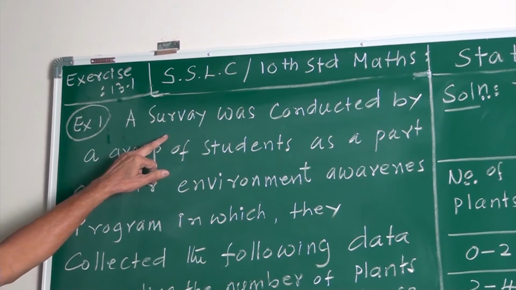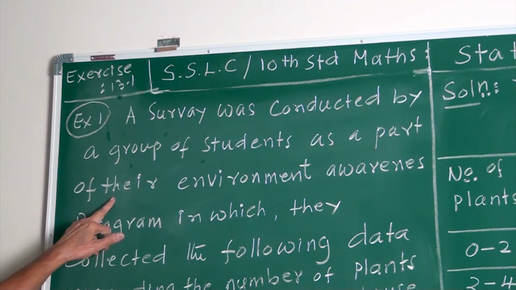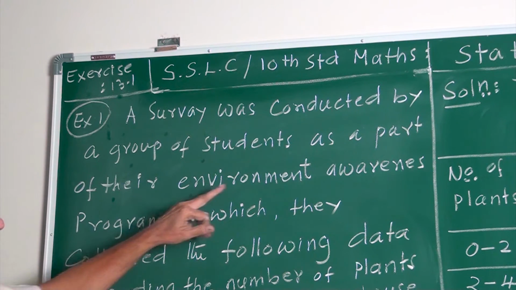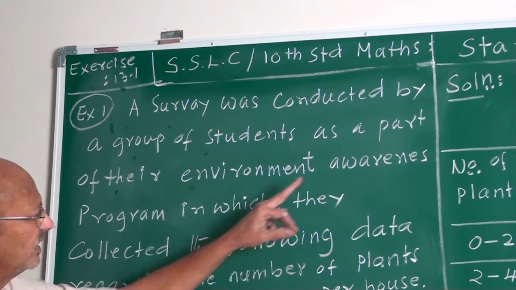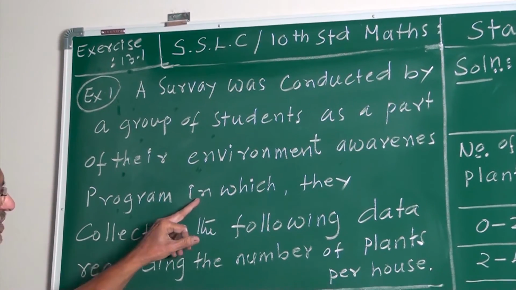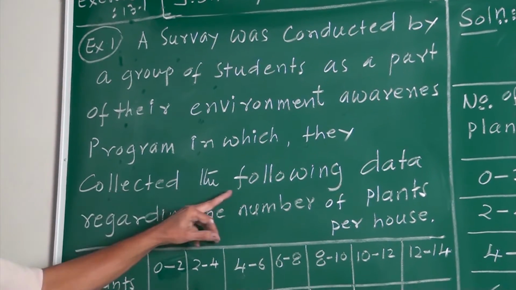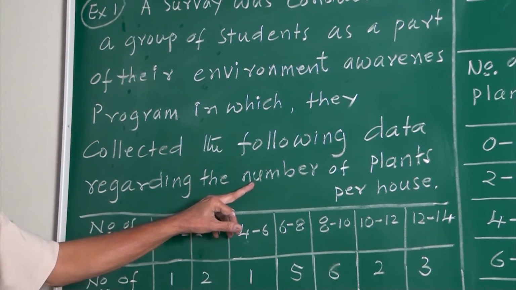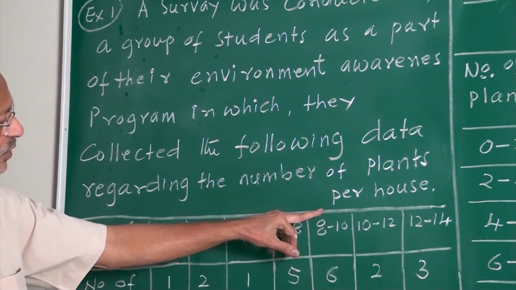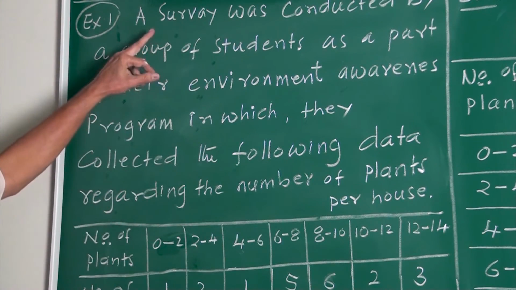A survey was conducted by a group of students as a part of their environmental awareness program, in which they collected the following data regarding the number of plants per house. I read it once again.